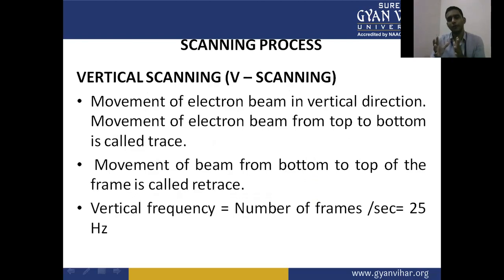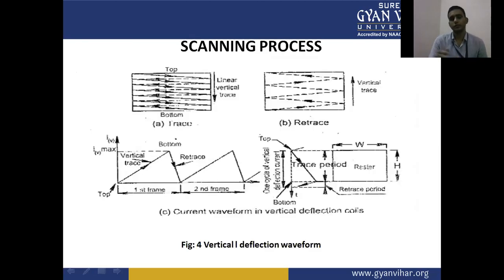Movement of the beam from bottom to the top of the frame is called the retrace period in the V scanning. The vertical frequency is equal to the number of frames per second, that is 25 hertz. In the H scanning, 15,625 is the horizontal frequency and the vertical frequency is 25 hertz.